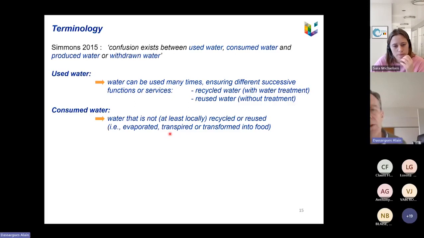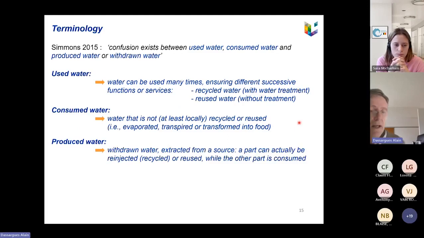So this water is used by all those activities and is in fact coming back to the atmosphere. And also water that is transformed into food and that is exported is leaving the local cycle, and so it is consumed. So there is a big difference between used water and consumed water, and that is very important, I think.